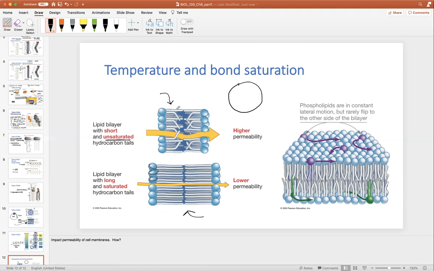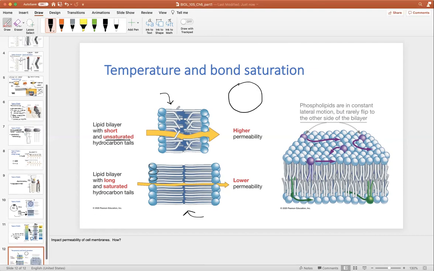And the phospholipids in this cell membrane are swirling around on the surface of that oil bubble. But the oil can be thicker if you have a lot of saturated hydrocarbons, or it can be runnier if you have a lot of unsaturated hydrocarbons. And I want you to think about, when would you want your cell membrane to have thicker consistency, and when would you want it to have thinner consistency, okay?